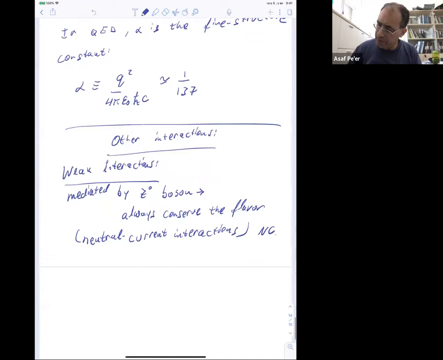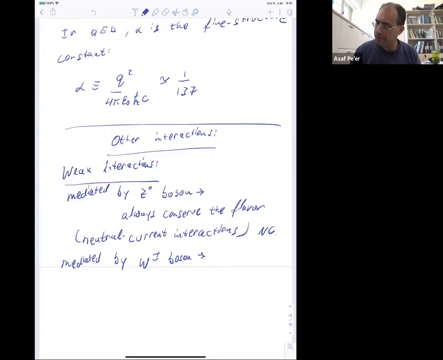But you also have weak interactions that are mediated by the charged boson. This charged boson obviously does carry charge. And since the charge is conserved at each vertex, interactions mediated by charged bosons must occur between fermions that have a charge difference of 1. So you can have an interaction between, let's say, a neutrino and a charged lepton.